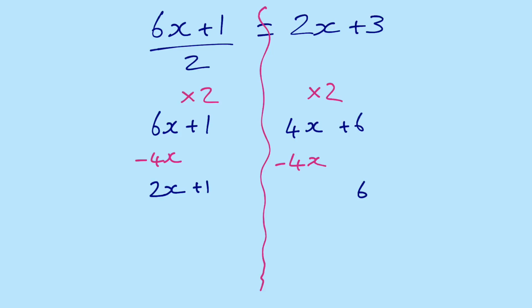So now I'm going to get rid of the number on the side with the remaining x's. So I'm going to get rid of the plus 1, and to do that I will subtract 1 from both sides, which will give me 2x on the left hand side, and 6 minus 1 is 5. And the last step is I will divide the left hand side by 2, and I will divide the right hand side by 2. So that will give me x equals 2.5.